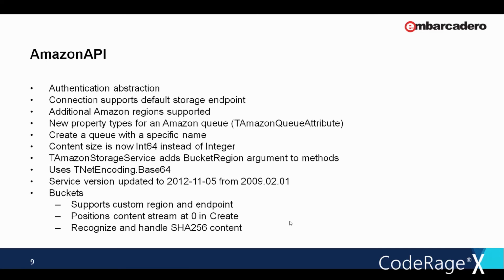And some additional changes under buckets. You can support custom region and endpoint. When you create a bucket, the position in the content stream is explicitly positioned at 0. I imagine that might have been done for a bug fix. Buckets also recognize and handle SHA-256 content.